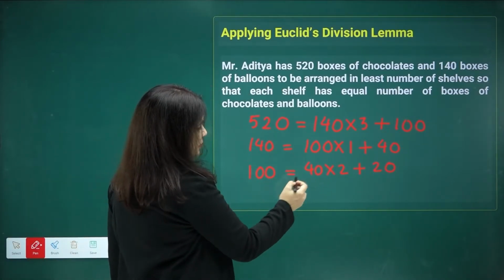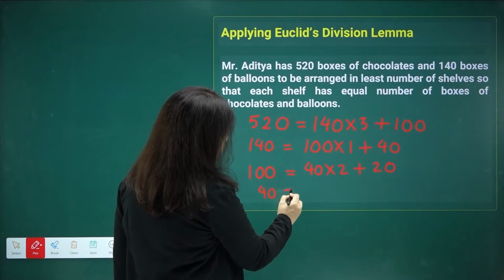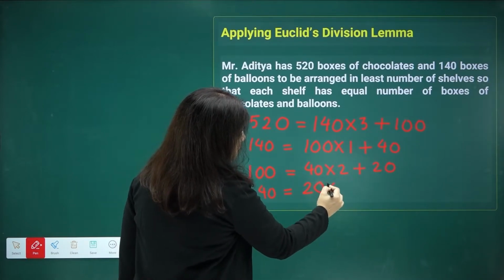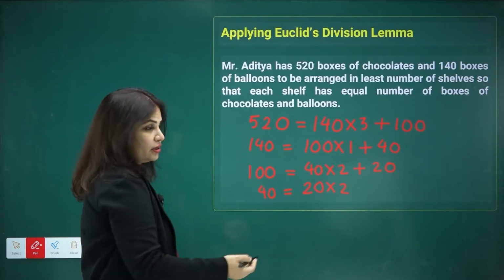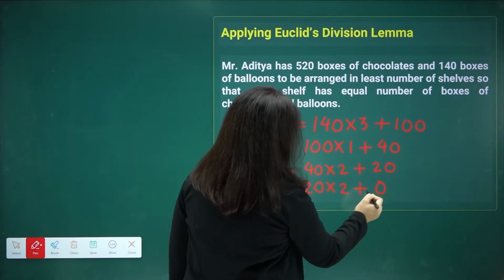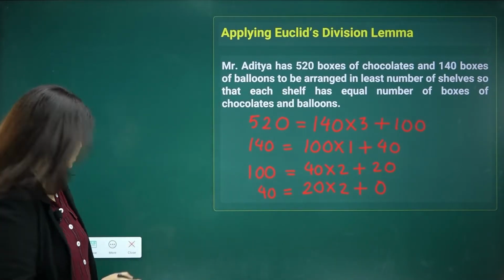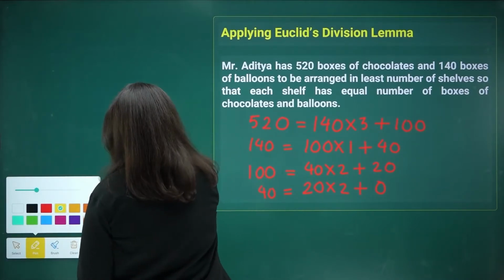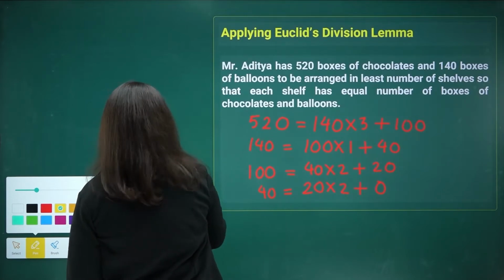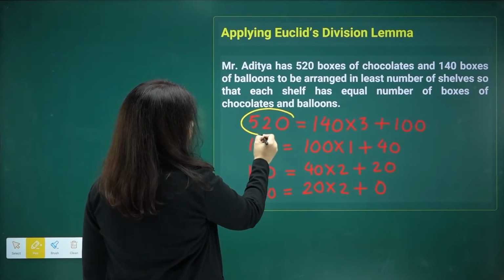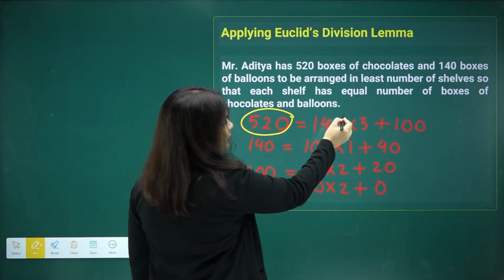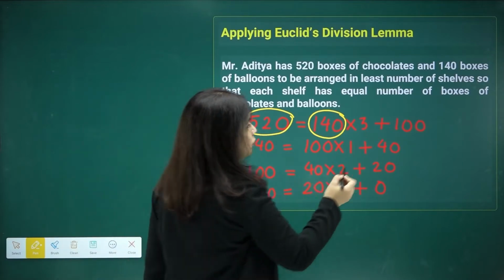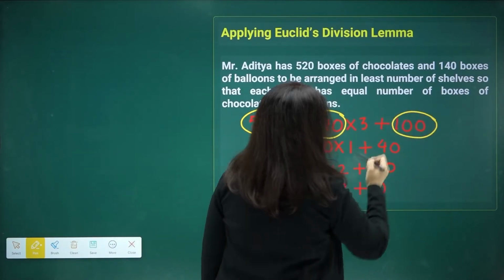Next step, I will use this 40, and this 40 will be divided by 20. 20 multiplied by 2 will give you 40, and since it's complete 40, the leftover will be 0. So, what do we see? We start with the bigger number 520 and divide it using the smaller number among the two, and the leftover number is 100.